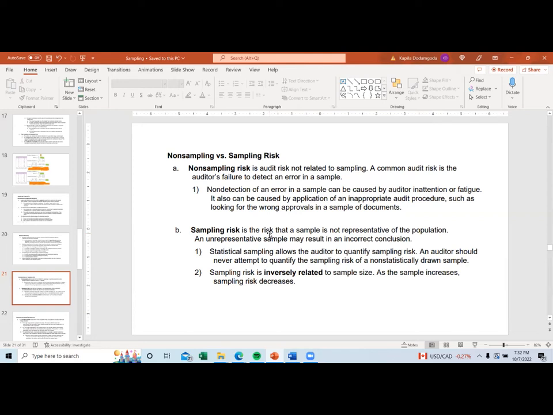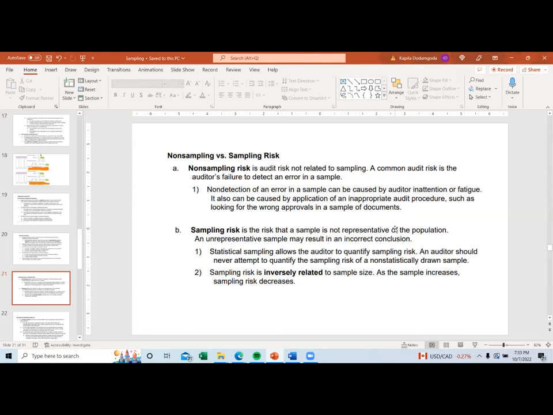If I first take what is sampling risk, sampling risk is the risk that a sample is not representative of the population. You may pick a sample and try to make a conclusion, but you may not pick the right representative sample from the population, and then you come to an incorrect conclusion.